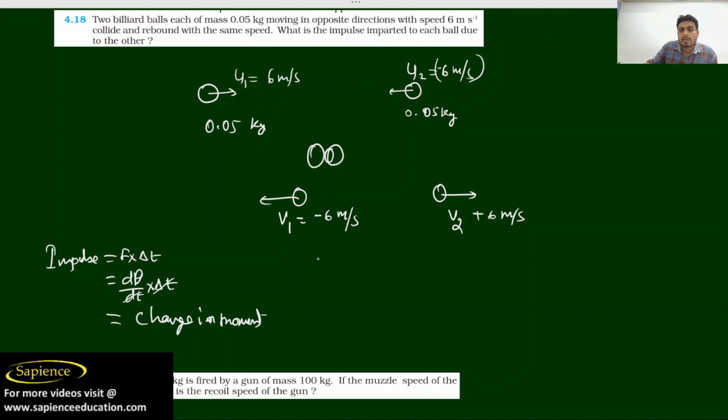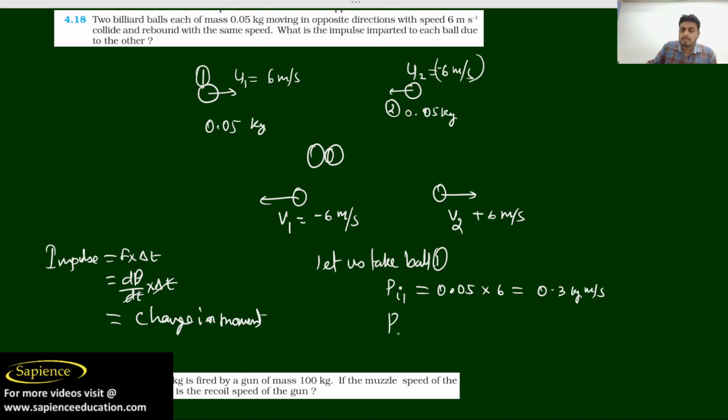So let us take ball 1. Suppose this is ball 1 and this is ball 2. Initial momentum of ball 1 is equal to mass into velocity, 0.05 into 6, that is equal to 0.3 kg meter per second.